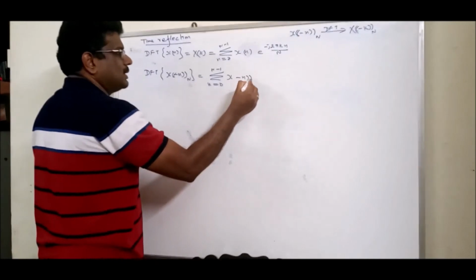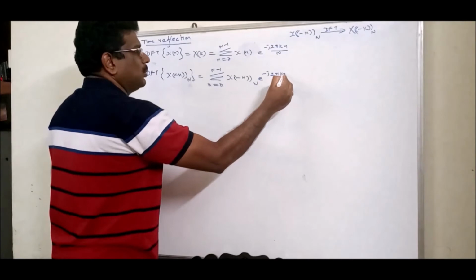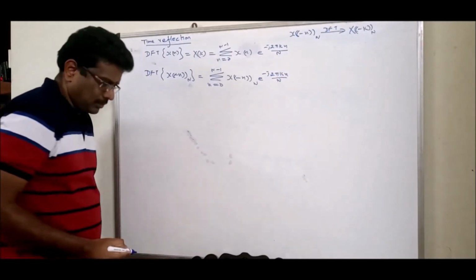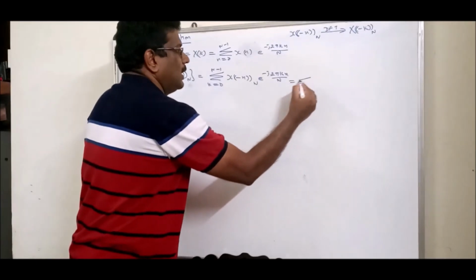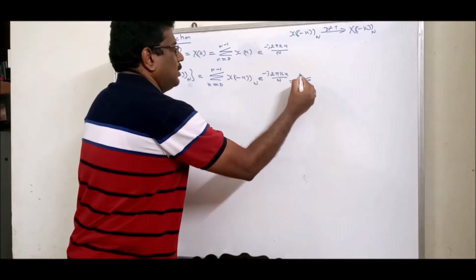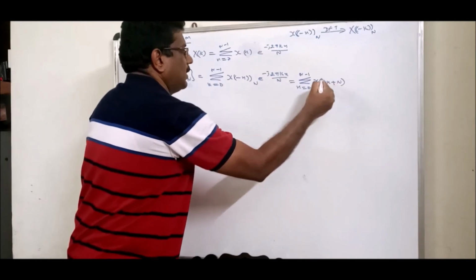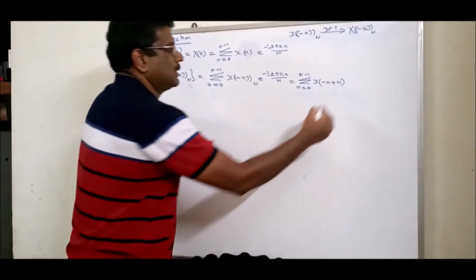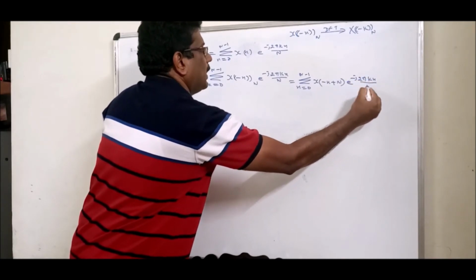X of minus n, double bracket n, e power minus j 2 pi k n by n. And you know the generalized statement, we can convert double bracket to single bracket. 0 to n minus 1, x of minus n plus n, double bracket to single bracket, e power minus j 2 pi k n by n.